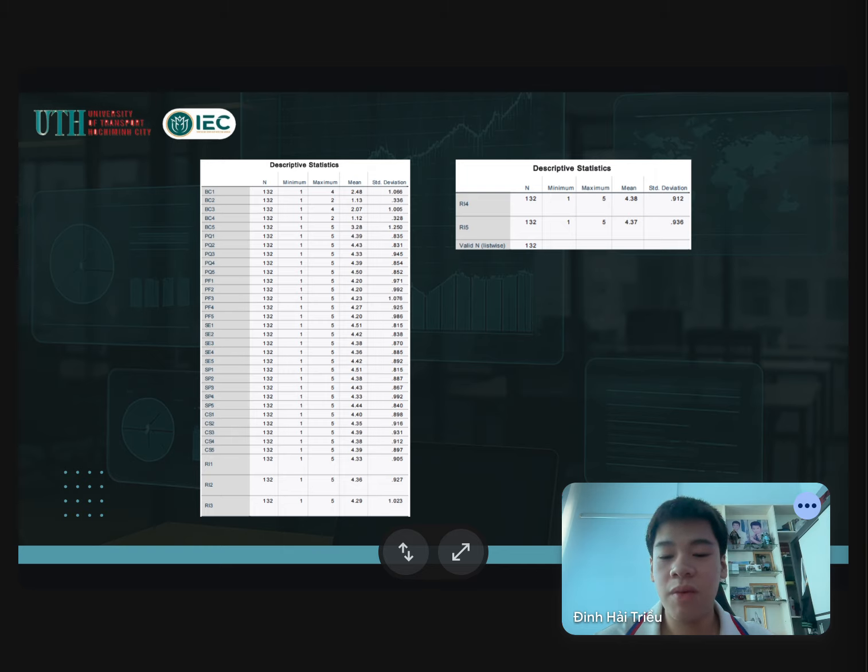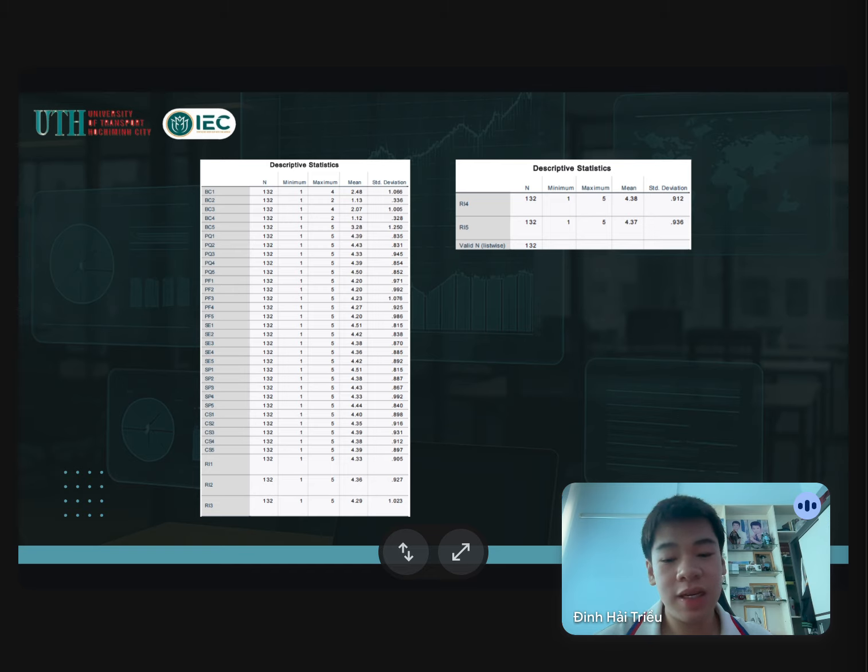In the study, we collected 132 valid questionnaires, meaning every response could be used in the analysis without being removed because of missing data. This sample size is considered sufficient for both factor analysis and regression analysis.